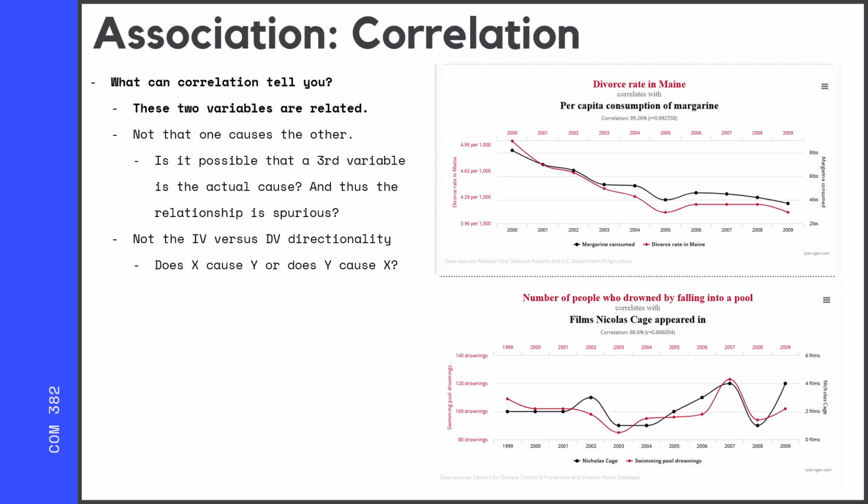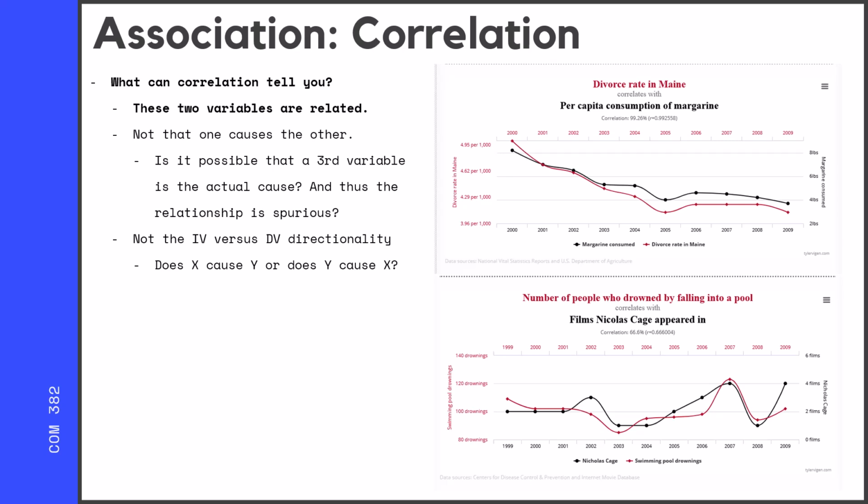So for example, the divorce rate in Maine correlates with consumption of margarine, which is like this fake butter. And it's correlated pretty high. The R is 0.99. It's almost a perfect correlation, and you can see this in the chart, right? So obviously these two things have nothing to do with each other, and there's no independent or dependent variable, but this just goes to show you that really anything can be correlated.